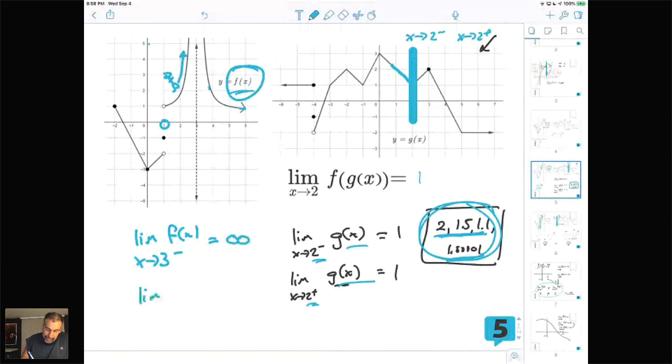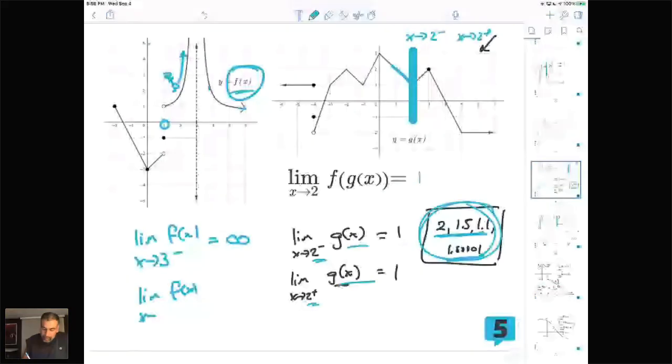When I take the limit of f of x as x approaches 3 from the right, again, I'm ending up at infinity, because f of x will be infinity. They match. And that's really in some ways the definition of a vertical asymptote anyway, because it means we're going to go up as high as we can as we approach that x value. So I hope that clarifies the question about asymptotes.